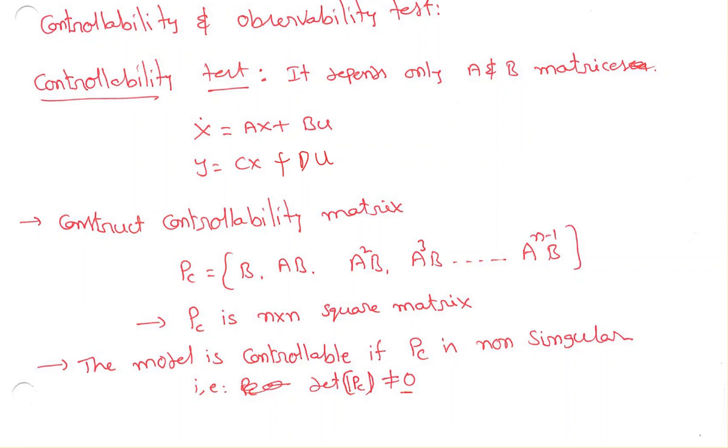PC equal to B, AB, A square B, A cube B, and so on, up to A to the power of n minus 1 times B. PC is always a square matrix. The model is controllable if PC is non-singular, that means the determinant of PC is not equal to 0.